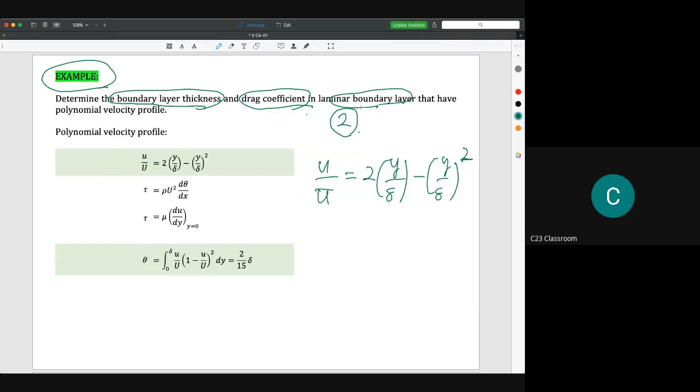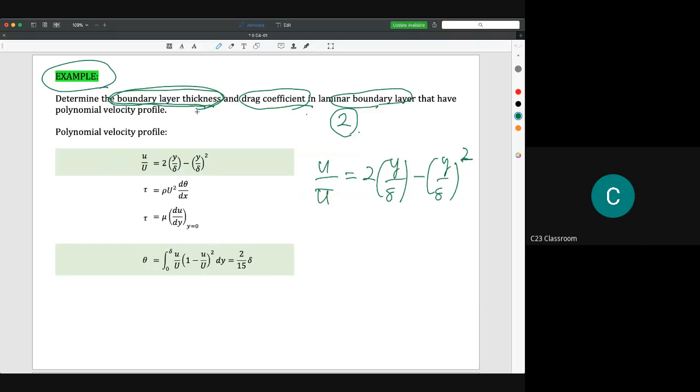So for this one, we are calculating the boundary layer in the laminar region. Boundary layer thickness is the physical thickness, so we could measure it experimentally as well as prove it from our calculation.